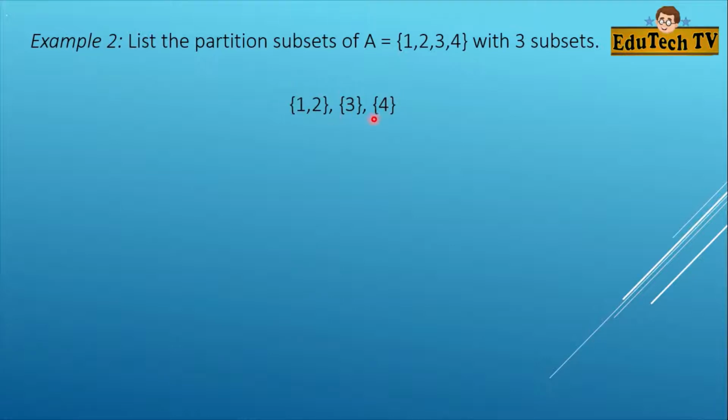Remember, when we partition, both conditions must be satisfied. We can also have 1, 3, 2, and then 4. And then we can also have 3, 2, 4, 1. So as you notice, we have three subsets each. So all of these are possible partition subsets of set A.